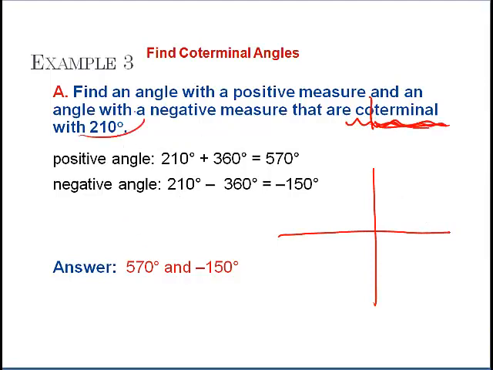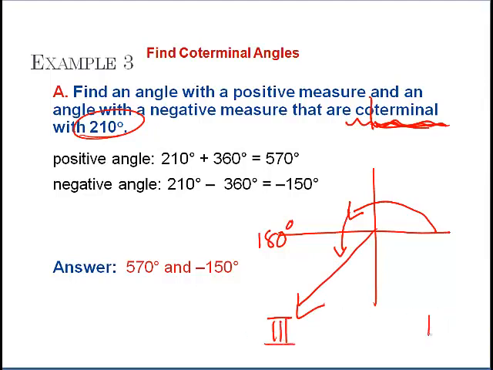So if our original angle is 210, it's going to be past 180 degrees into the third quadrant. There's the fourth, first, and second. What we're saying is that we want another angle that's going to share that exact same terminal side.